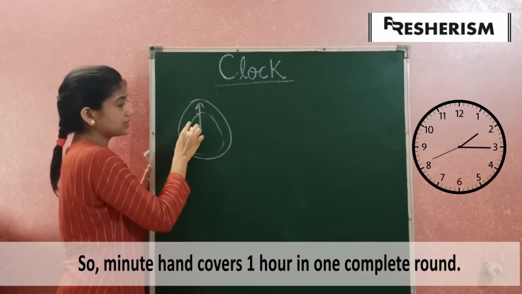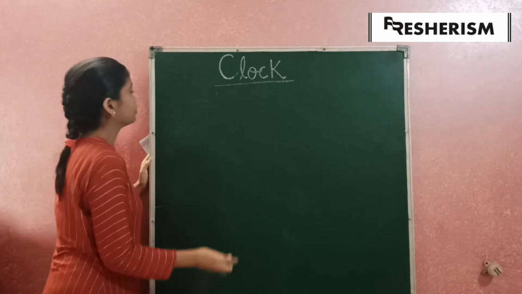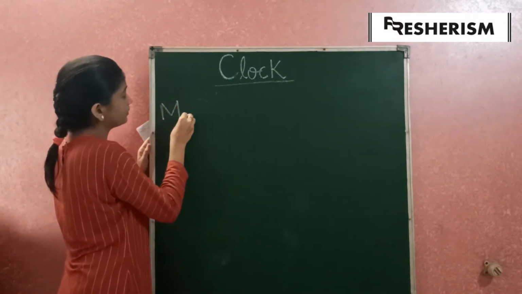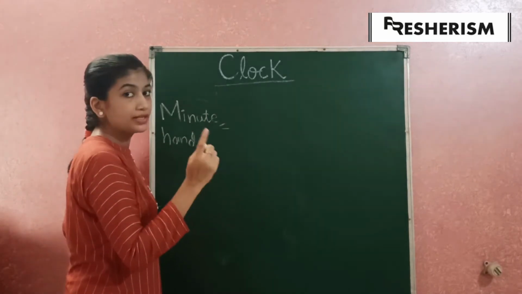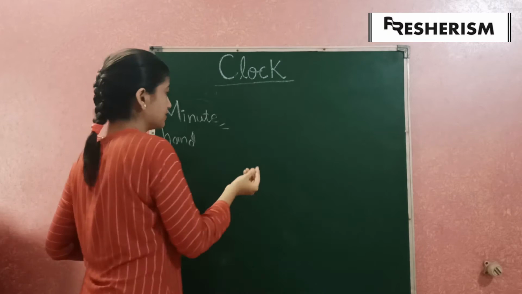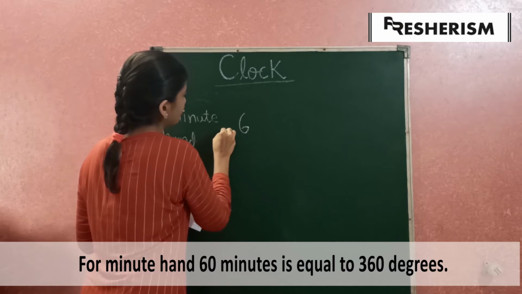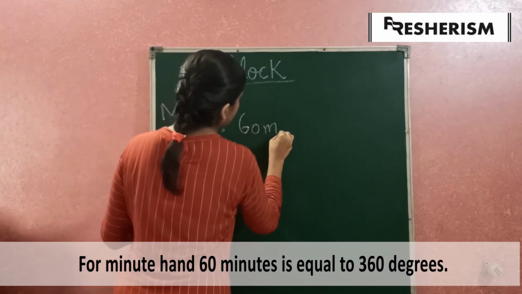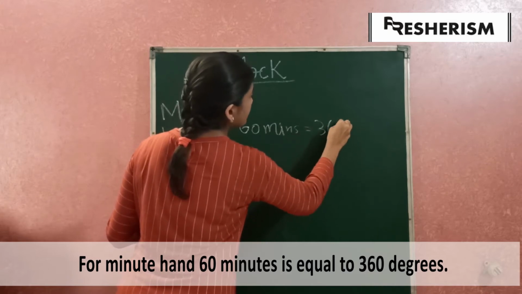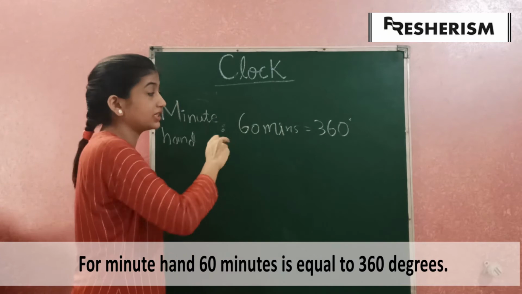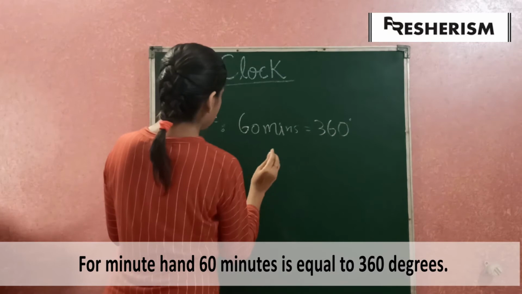The minute hand is also known as the longer hand. For the minute hand, 60 minutes is equal to 360 degrees because it covers one entire round of the clock.